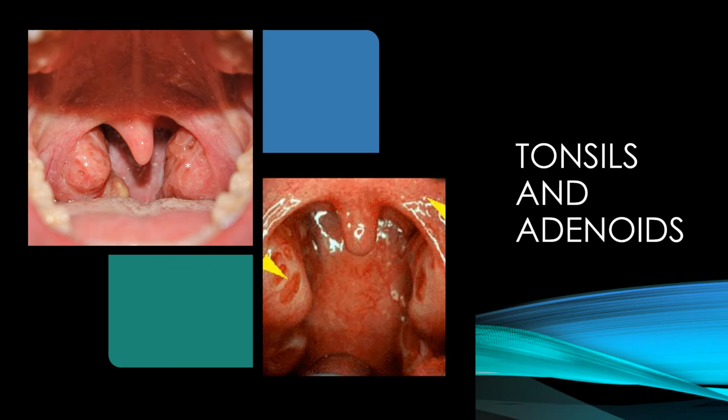This has the kids presenting with significant snoring at night and often having to sleep with their head up in order to maintain their airway. The tonsils are at the back of the throat and they're lymphoid tissue. The adenoids are a mass of lymphoid tissue located posterior to the nasal cavity and the roof of the nasopharynx. These tissues can become hyperplastic and obstruct the nasopharyngeal airway.